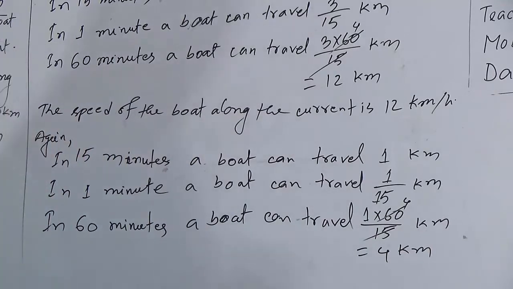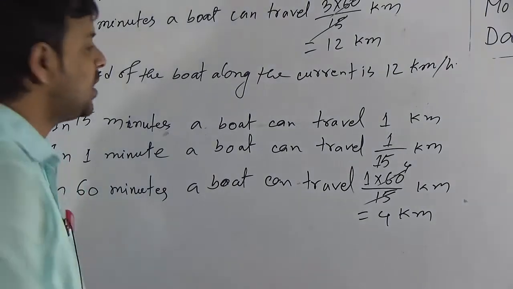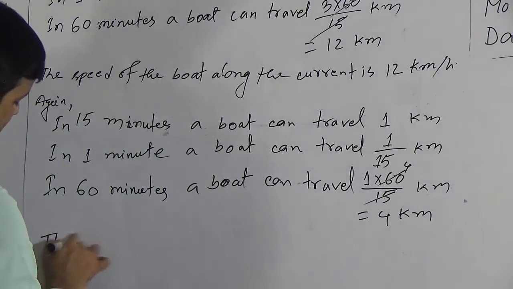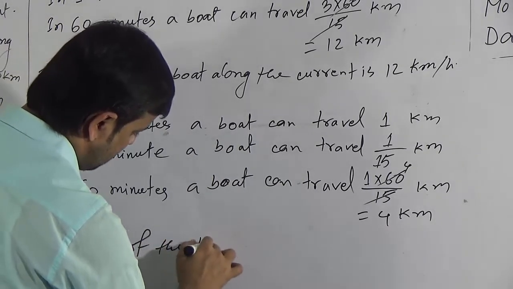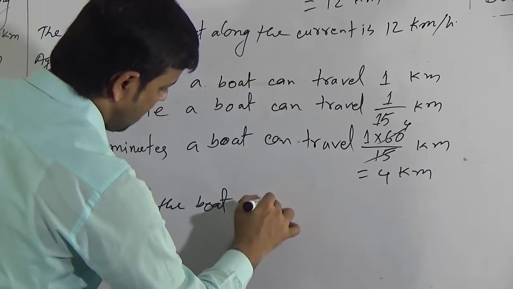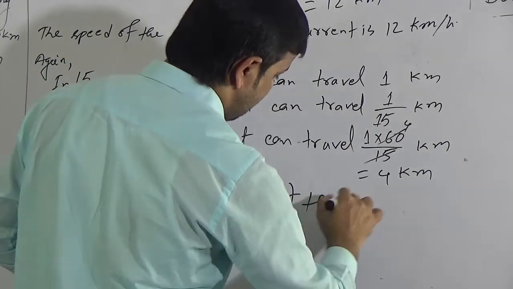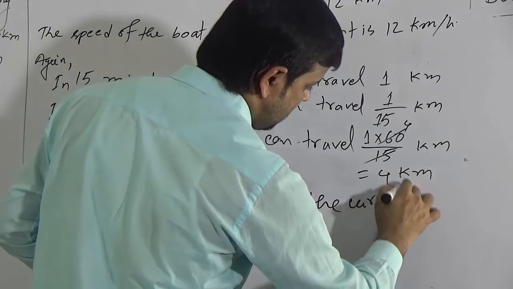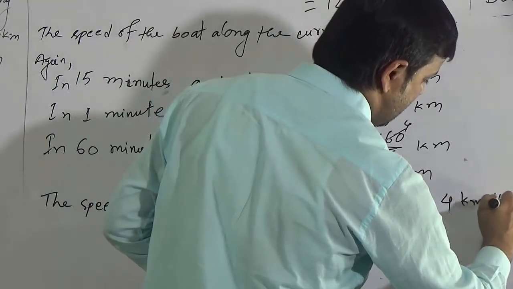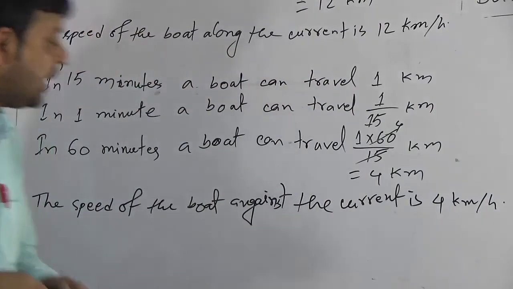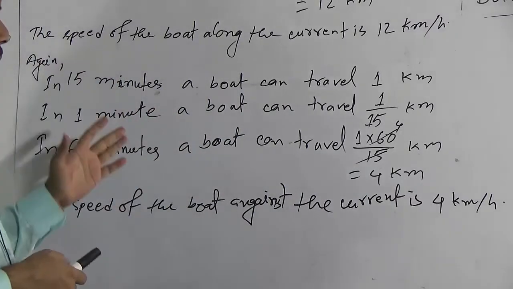It means that we can say the speed of the boat against the current is 4 kilometer per hour.